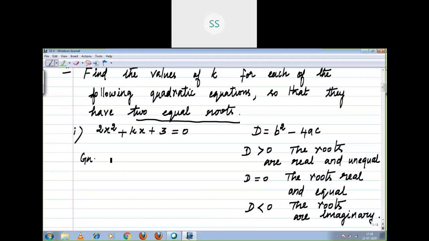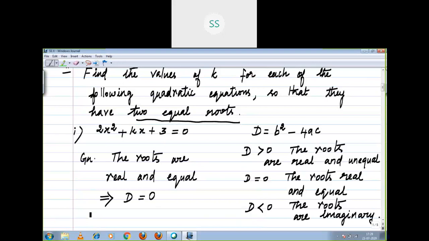Given the roots are real and equal, which implies D is equal to 0. Very good.